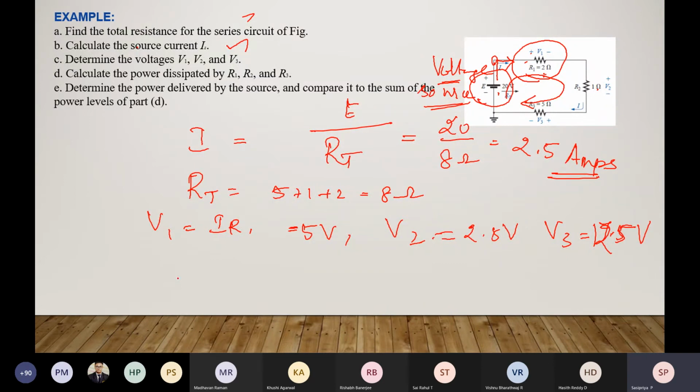The power delivered by the source is equal to the total current square multiplied by the total resistance. So 2.5 square multiplied by the total resistance, 8. I guess 6.25 into 8. You can calculate this using your calculator, or those who can do it quicker without a calculator can tell me the answer: 8 into 6.25 watts.